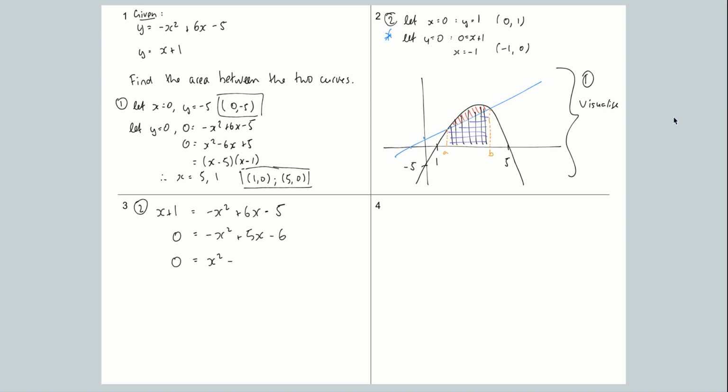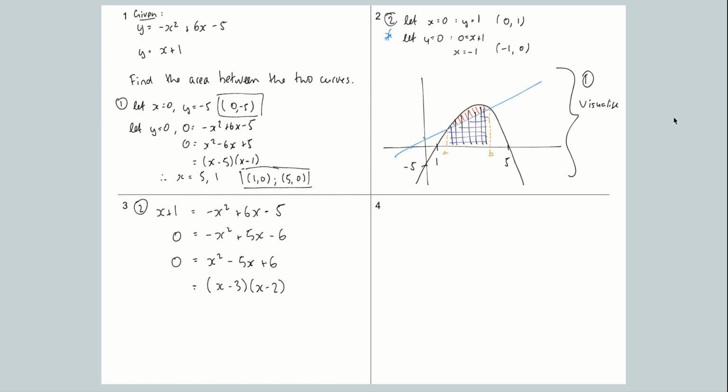That gets me x squared minus 5x plus 6. And I have to work out 2 values that will multiply together to give me 6 that will add together to give me negative 5. And I'll let you think about that yourself if you want to pause the video. But otherwise, I think I can go straight to it. Negative 3 multiplied by negative 2 will give me positive 6.